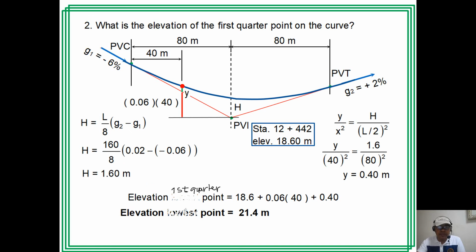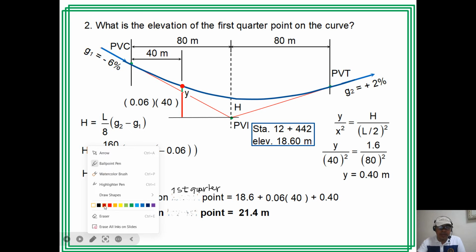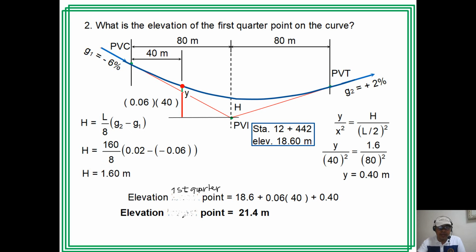Elevation of the first quarter point. There are really some small mistakes here. Okay, so we have here the elevation is 21.4. So elevation of the first quarter point.